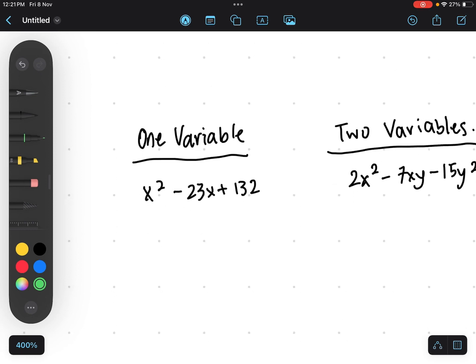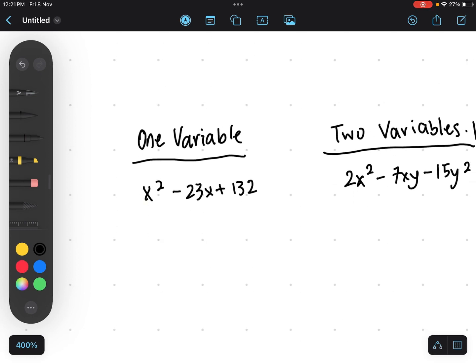So how you're going to do it is you're firstly going to find something called the multiplication number and something called the addition number. The multiplication number is a times c, and the addition number is b. So AC here is 132.